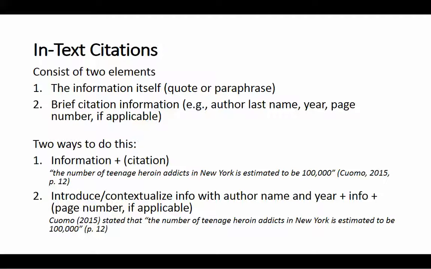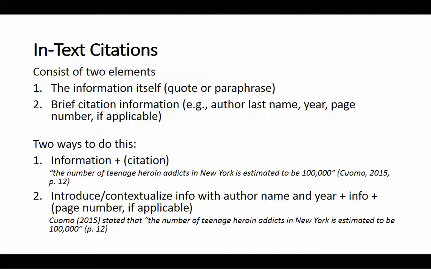So this is the same quote as above, but in this one, we're giving that author and date information up front. It gives the reader some information to be able to process the quote or the paraphrase. So in this instance, it says Cuomo 2015 stated that the number of teenage heroin addicts in New York is estimated to be 100,000. And then at the end, page 12.